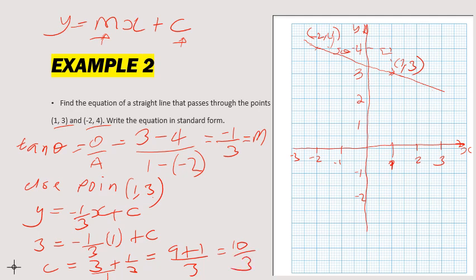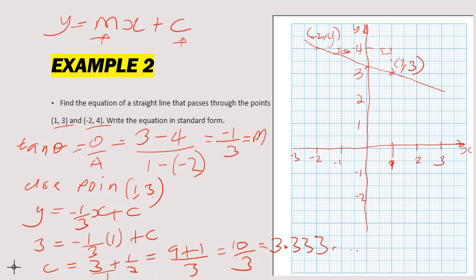Which means our y-intercept is 10 over 3, which is 3.3, so it's there. That's our y-intercept, 3.3 going down.